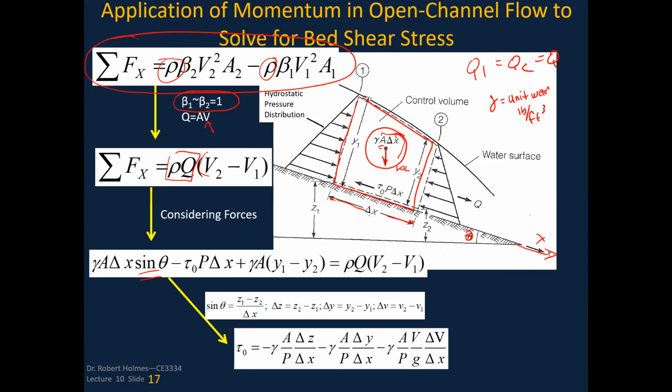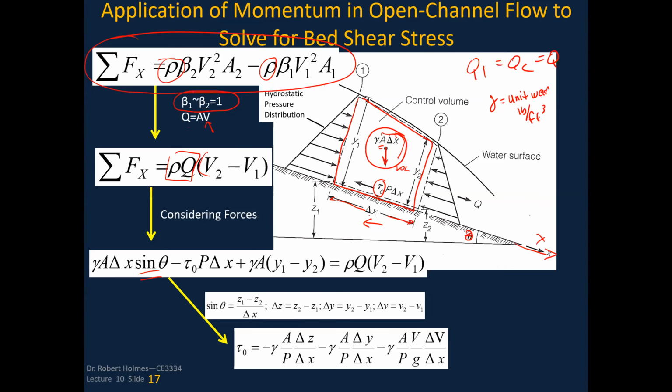Now I've got the resisting force on the bottom, and that resisting force is the bed shear stress tau 0 times P, which is the wetted perimeter, we've introduced that, times delta x. If we were in class, I'd typically take a piece of paper and make it look like a parabolic cross-section control volume, and I could show you the wetted perimeter is the short side of the paper, and the delta x is the long side.